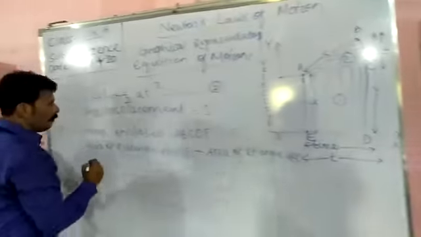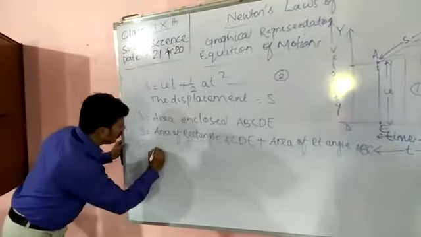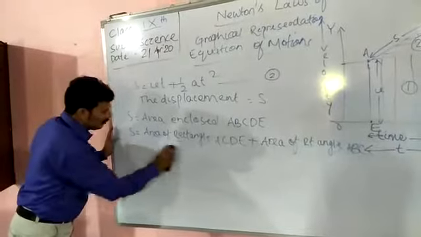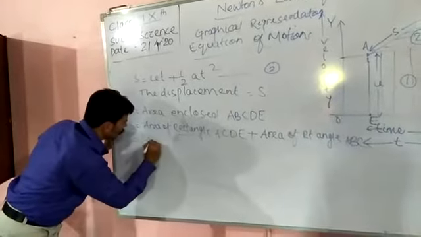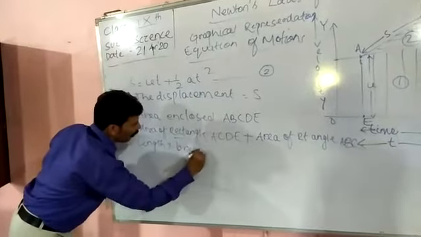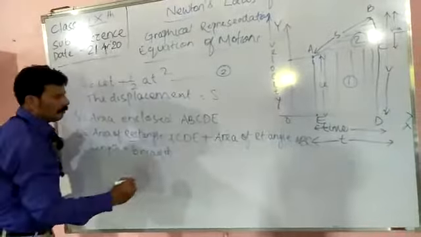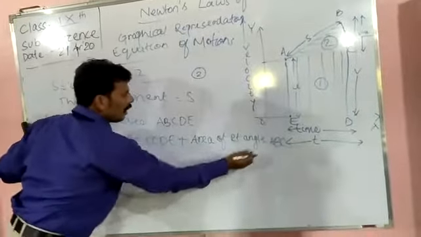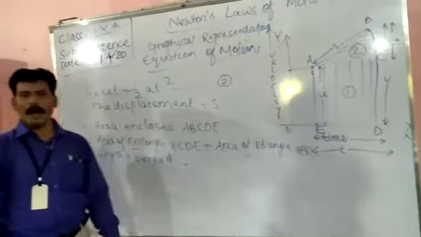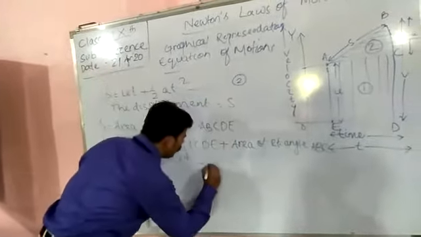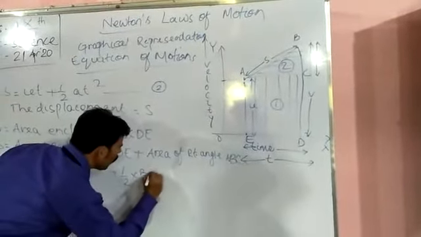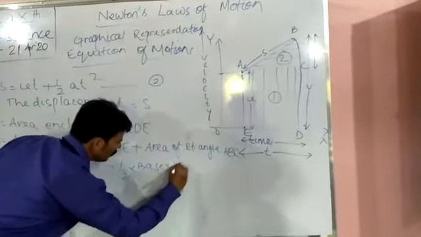So length into breadth is equal to t into u, plus the area of the right angle triangle. We know the area is equal to half into base into height.